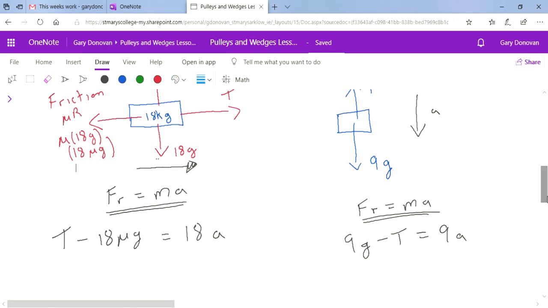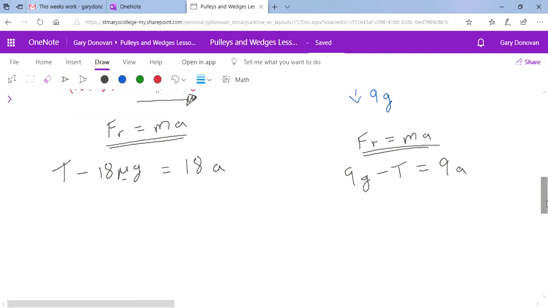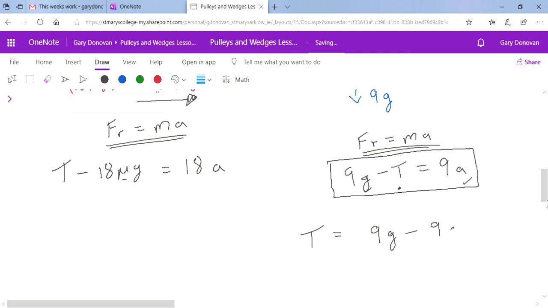So what do we know? Well, we know a is 5 over 9. We don't know mu. So if we're looking to find T, we have to use one of these equations, but the equation we'll use is this equation here, because in this equation we're looking for T, but we know a and we know g. So if I rearrange that equation, I get T equals 9g minus 9a.